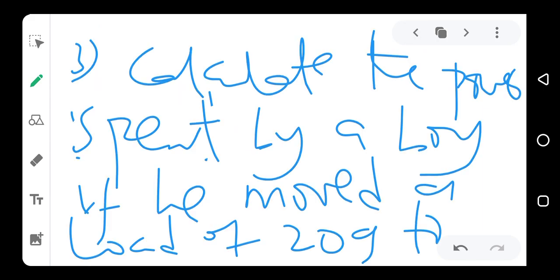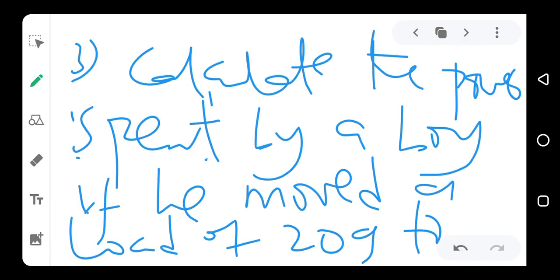Now look at this one. Here we have a load of 20 gram. Gram means that this is talking about mass and not the weight.